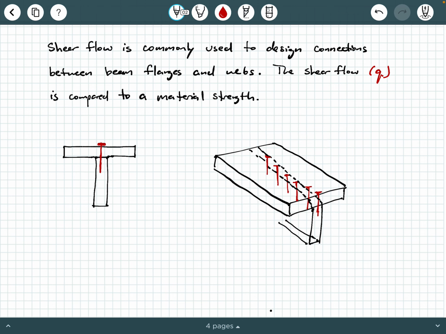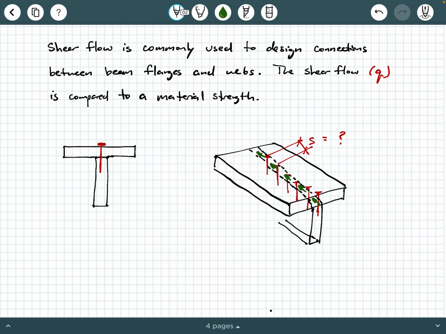And so the question becomes, how many nails do we need, or what spacing of the nails do we need, right? And so in order to figure out how many nails and what spacing you need to nail these two planks together, you need to know information about how this shear stress is flowing through this interface.